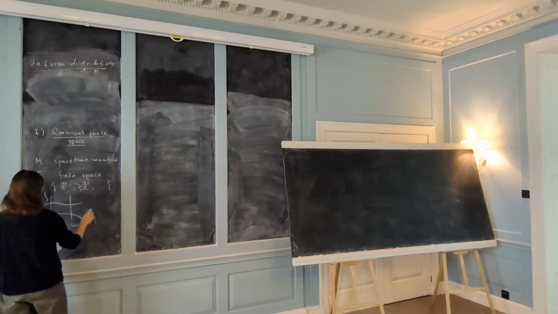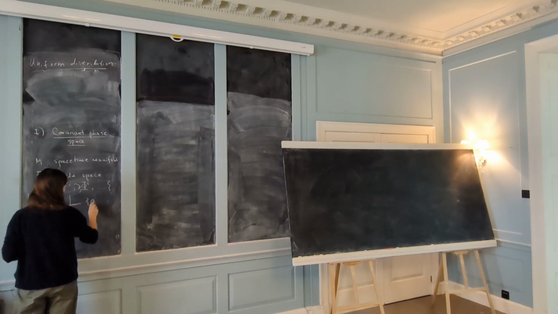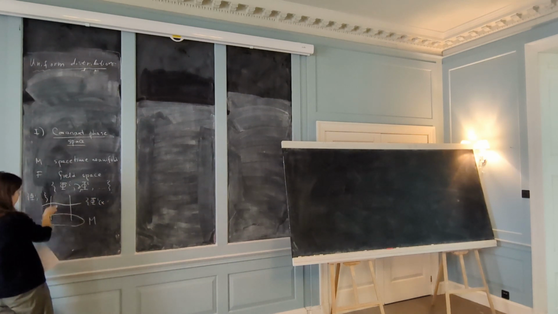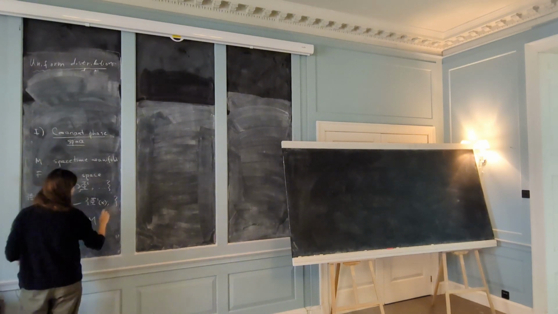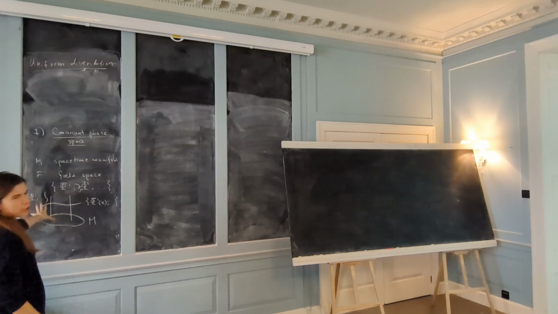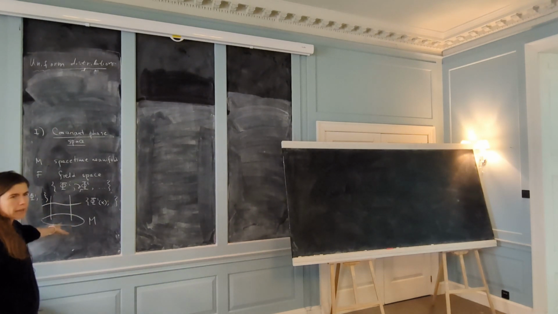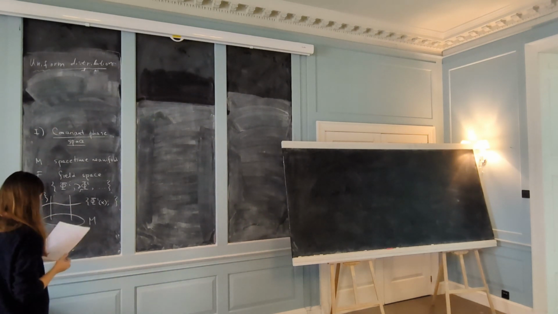We can also consider sections, where you take representatives from the fibers and evaluate them at different points in spacetime. This is the picture, and it's a standard thing that you would do, for example, in classical mechanics, maybe just written in a bit of a different language.